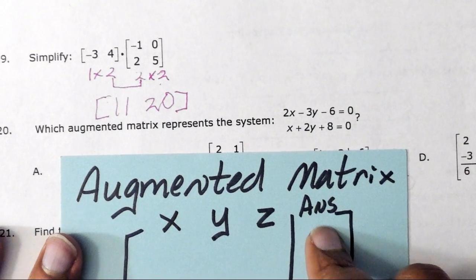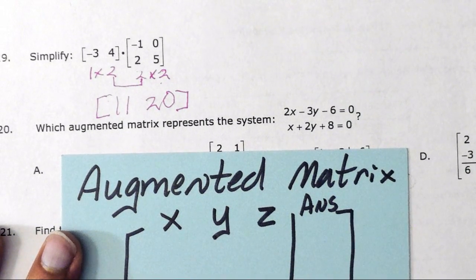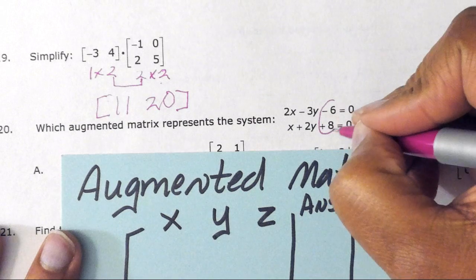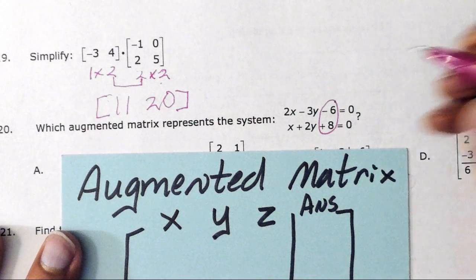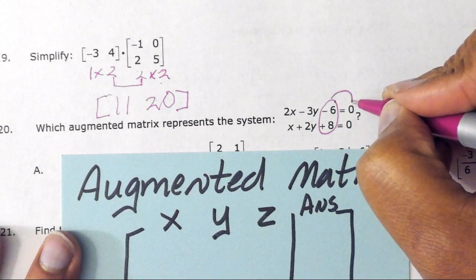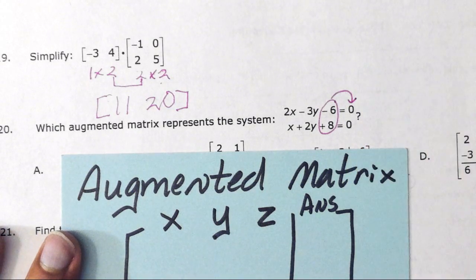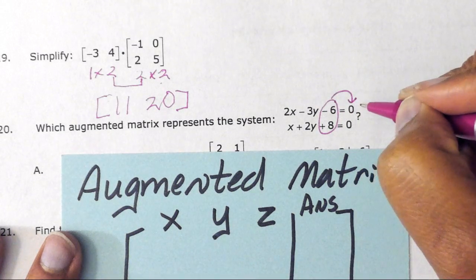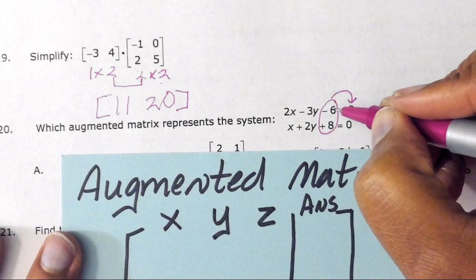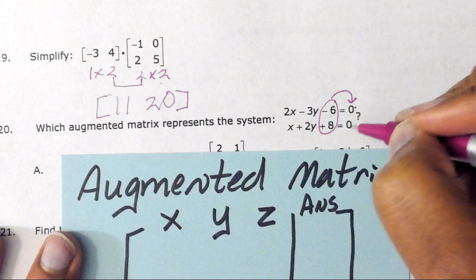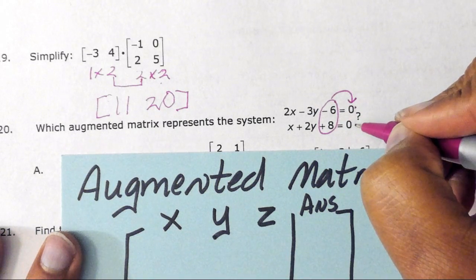Well, when you look at this problem, you will notice we have constants with the letters. Not allowed. We need to move them all over here so they're on the other side of the equal sign. When I do that, their values change. So I'm looking for something that has a positive 6 and a negative 8 here.